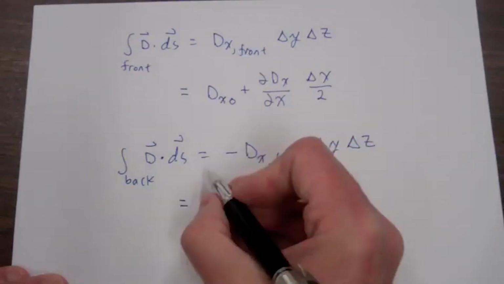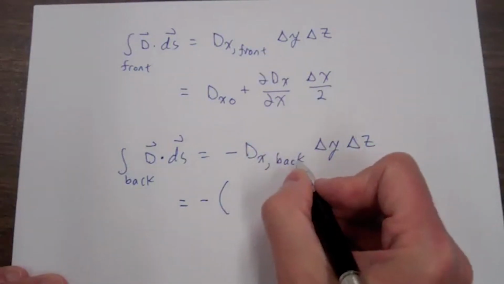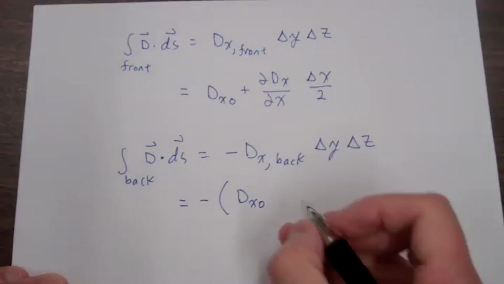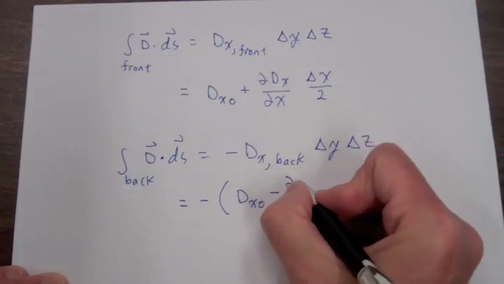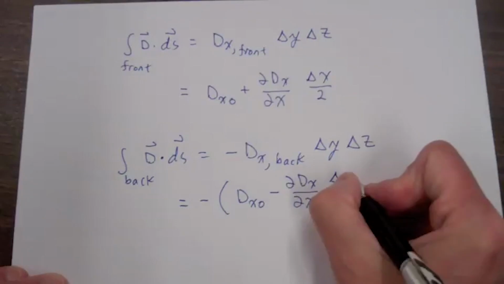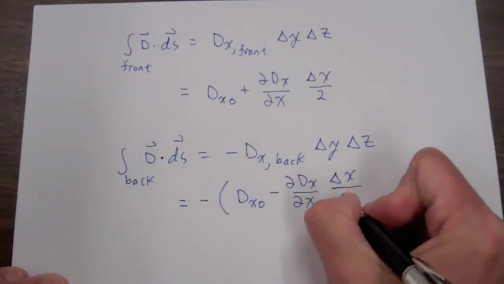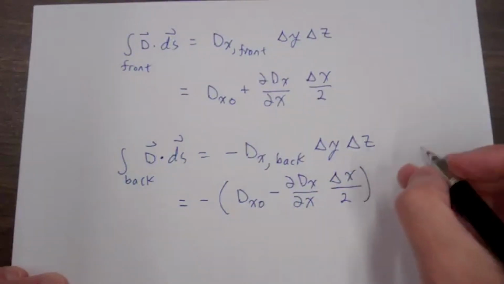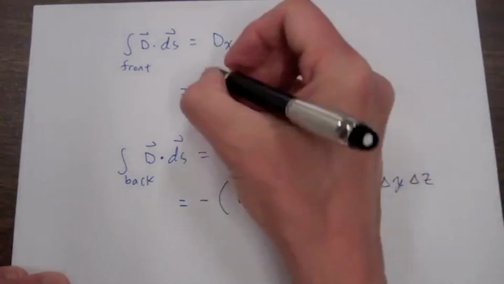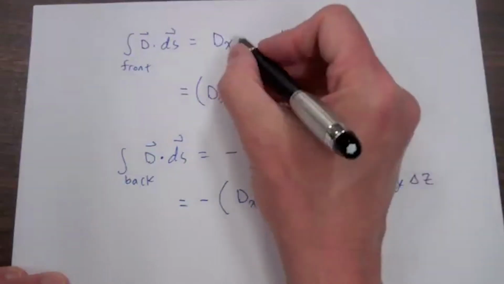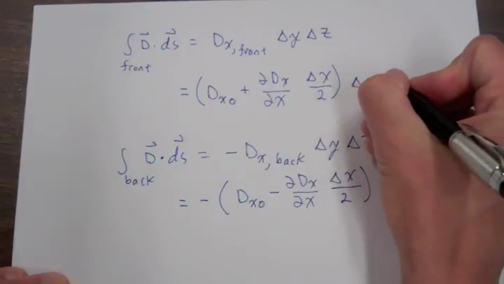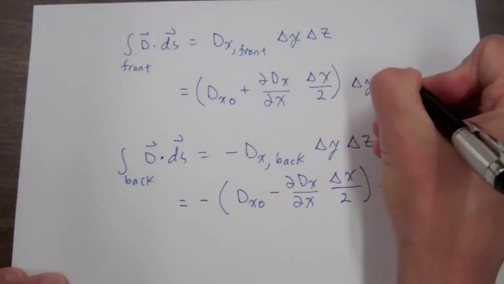So our estimate of D sub x on the back face is the value it has in the center of the cube minus the partial of D sub x with respect to x times the distance from the center of the cube to the back face. And looking back here, this is our estimate of D sub x on the front face, and then we still have it times delta y delta z.